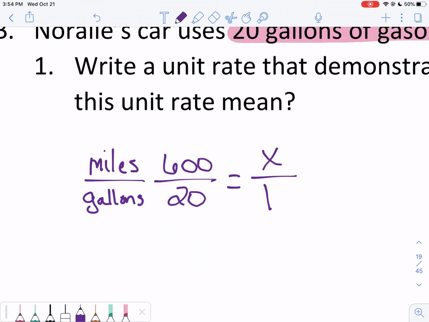So we could set up and solve this proportion, or we could have just done 600 divided by 20. So what's 600 divided by 20? 30. So she can do 30 miles on 1 gallon. So that's some pretty decent gas mileage there.